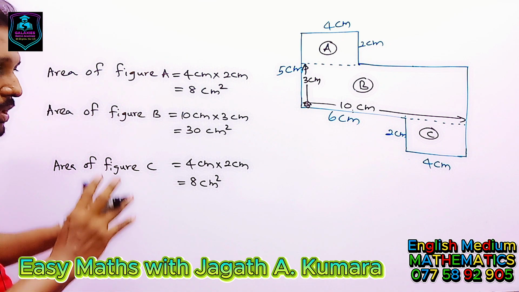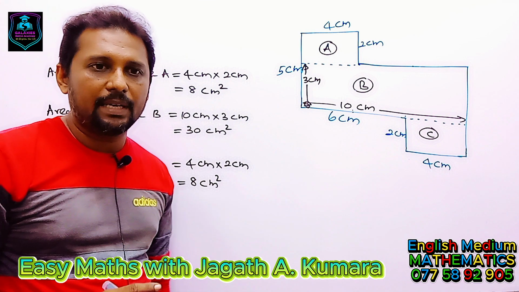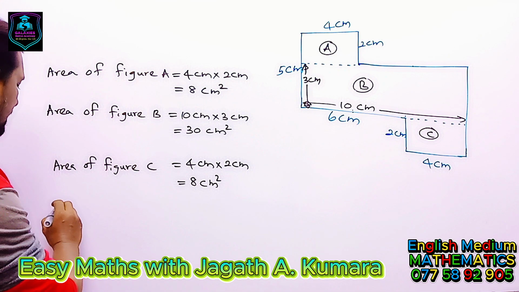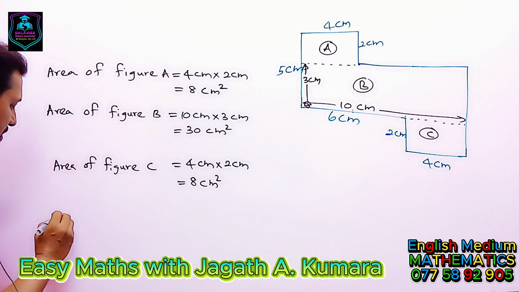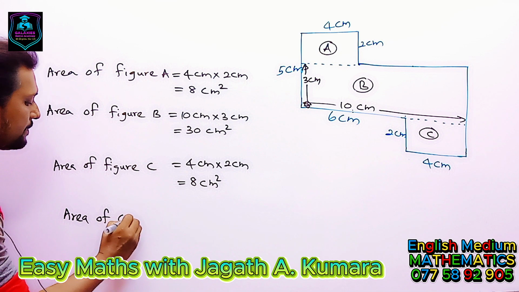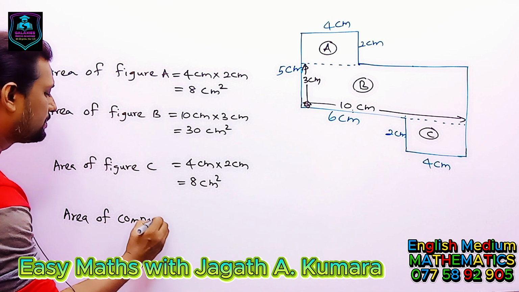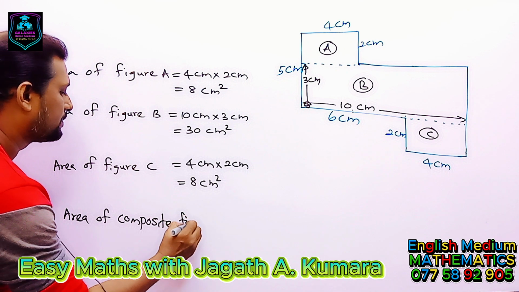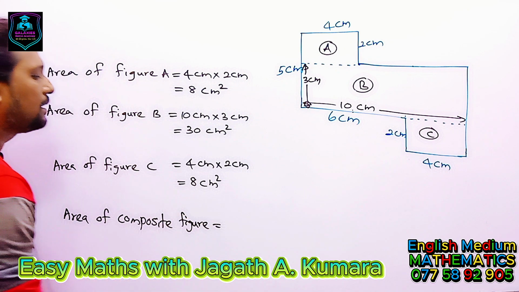Now all parts areas I found separately. Then you have to find the area of composite figure. How can you find it?